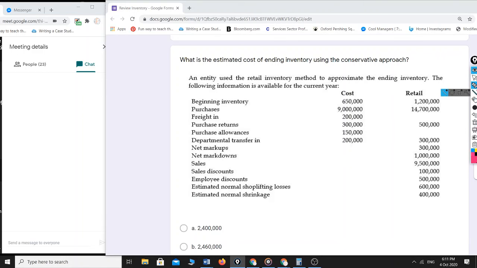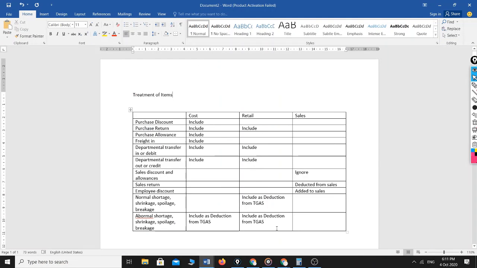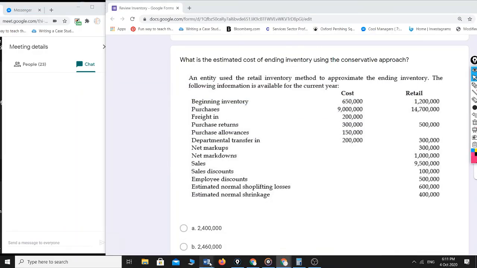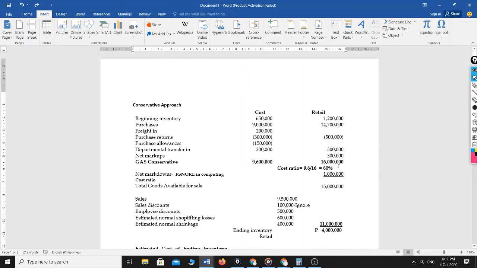Anyway, I will just give you the solution for this retail method because it is very lengthy. Or if you have books, you may go over it also. Okay, so in the conservative approach, again, you will have to compute the cost ratio.